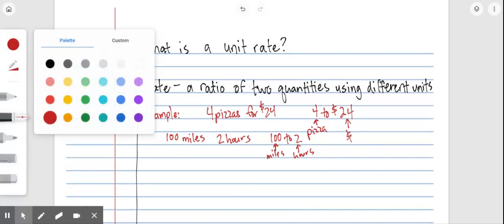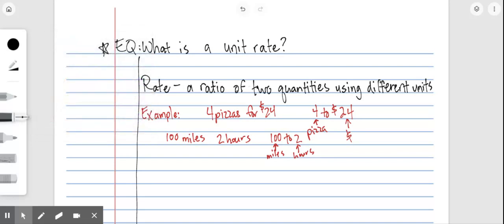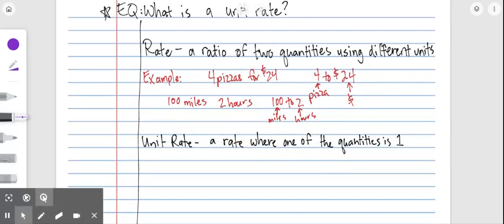So a unit rate is when I take a rate and I make one of those numbers become the number 1. A unit rate is a rate where one of the quantities is 1. An example, let's use the example from above, the 4 pizzas for $24.